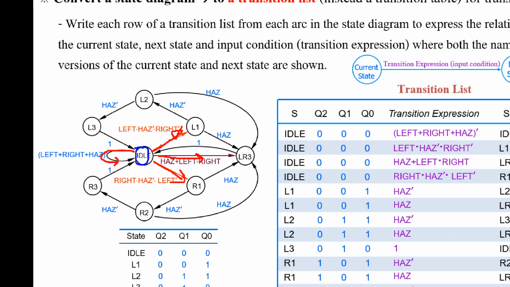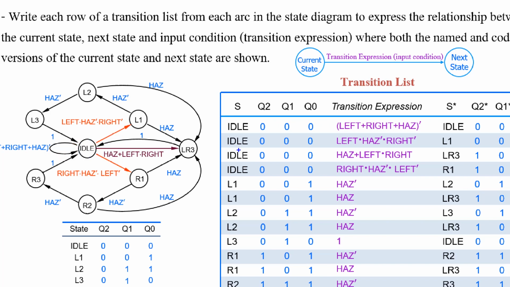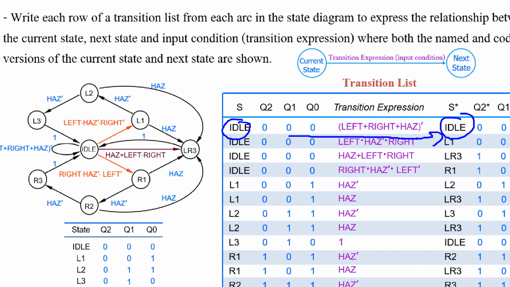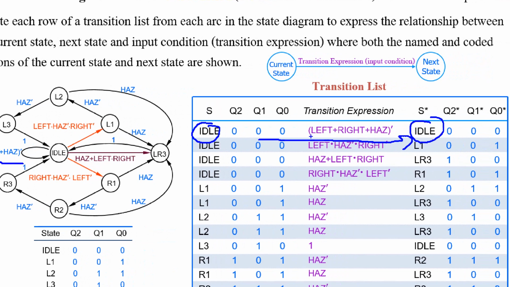So you just write this arrow to the transition list, namely start from idle to idle, and the input condition or transition expression. You just write the transition expression of the input condition here.